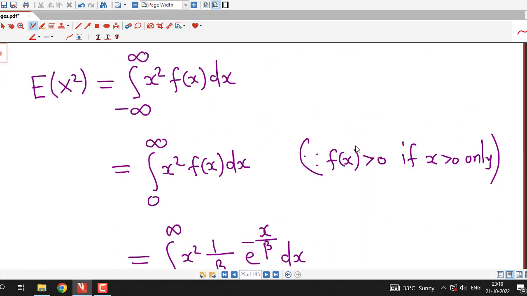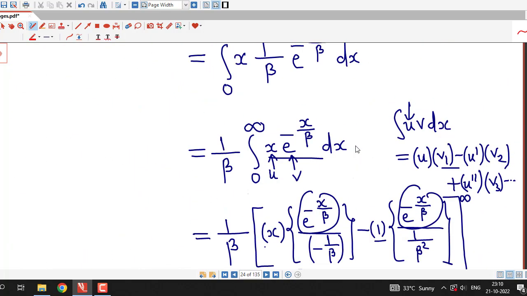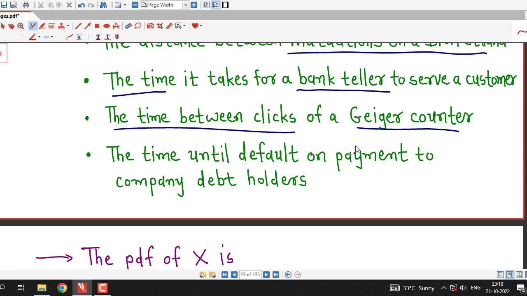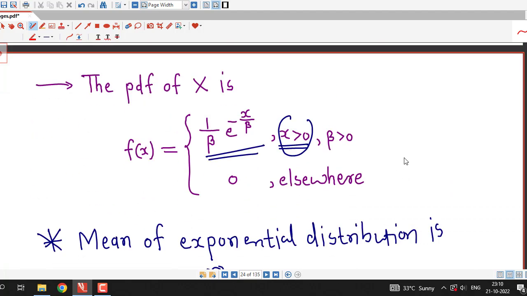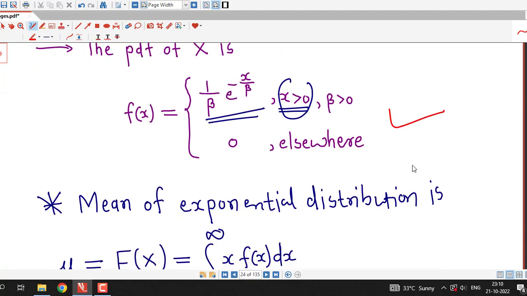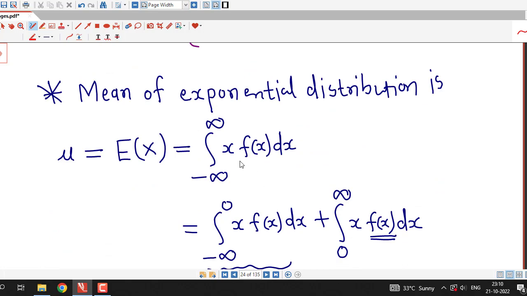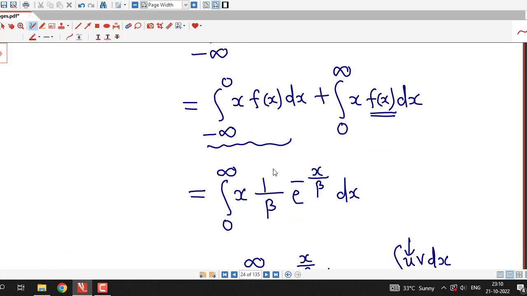So you must be clear about both the relationships. So if you are asked to find out mean and variance of exponential distribution, and if you are given this PDF, then you have to use this PDF in this formula of mean and variance.